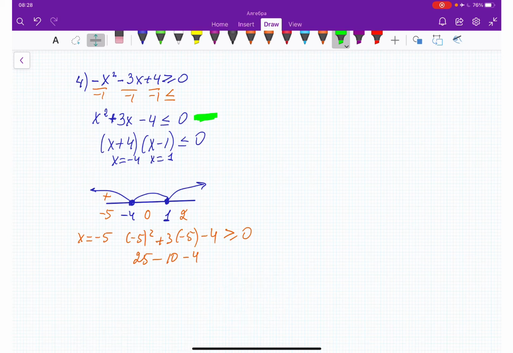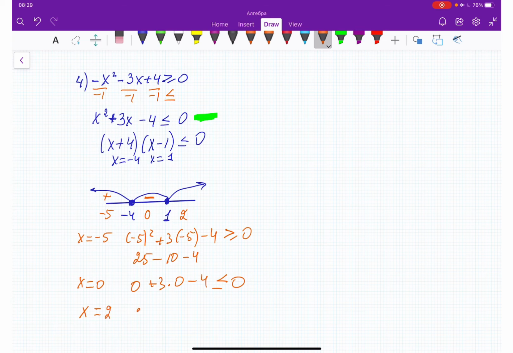Moving further, we have 0. X is equal to 0, so it's going to be 0 plus 3 times 0 minus 4, less than or equal to 0, which is going to be negative here. And now x is greater than 1, which is taking 2.